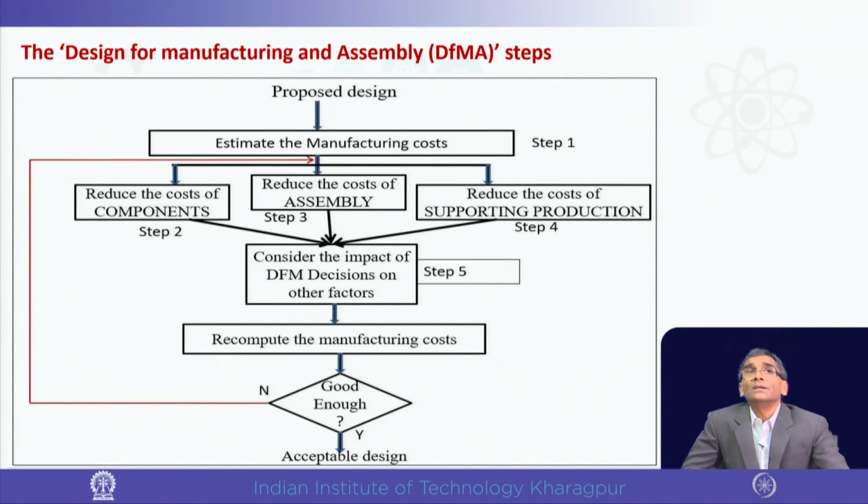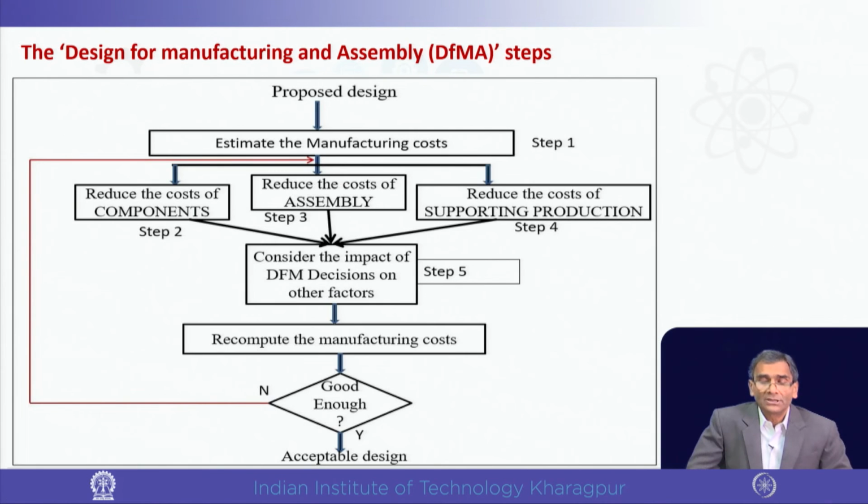Here you see, in one diagram we are bringing all the components so that the process can be understood on just one page. A proposed design, whatever is being conceived, then we estimate the manufacturing cost, that is step 1.